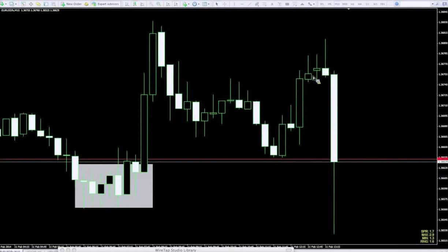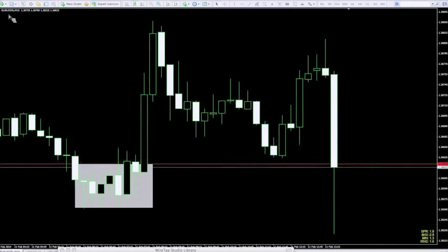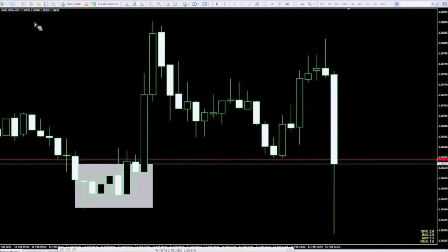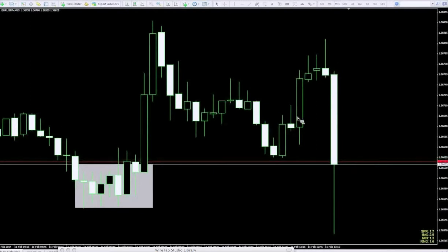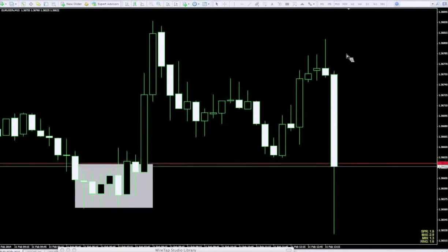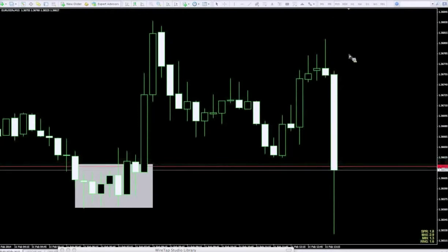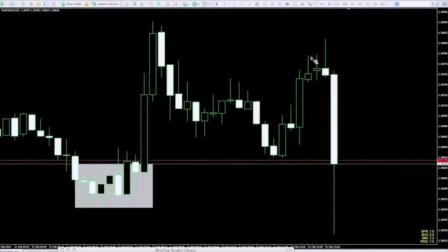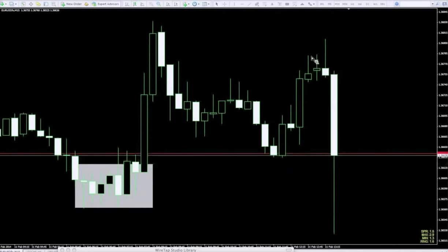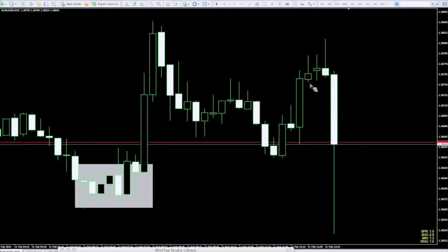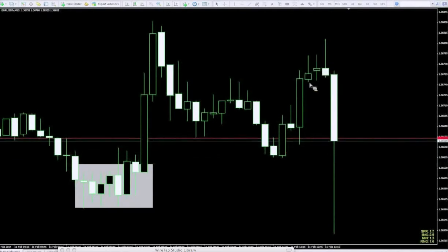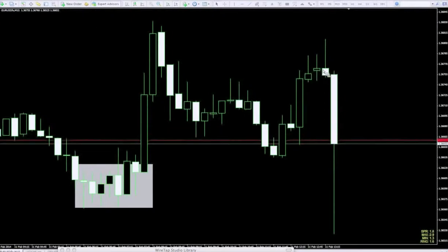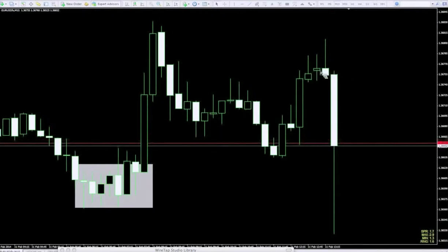For whatever reason, all of the price action in the euro dollar, and this includes every trader in the world, every bank, every institution, every retail guy, every hedge fund, all of them collectively could not push the market strong in a single direction with enough energy to close above this high, nor could they push the market down with enough energy to close below this low. Okay, and these two candles were evidence of that.